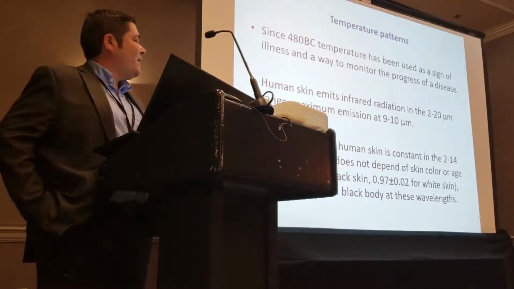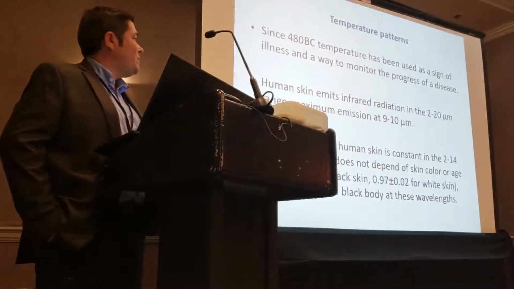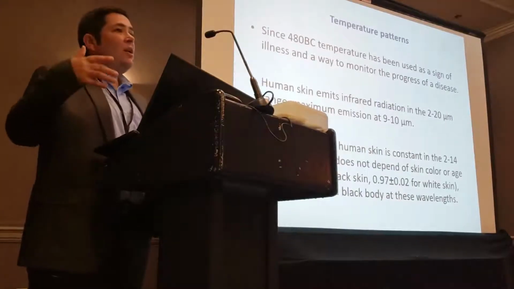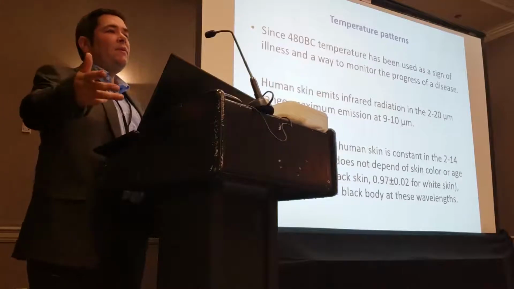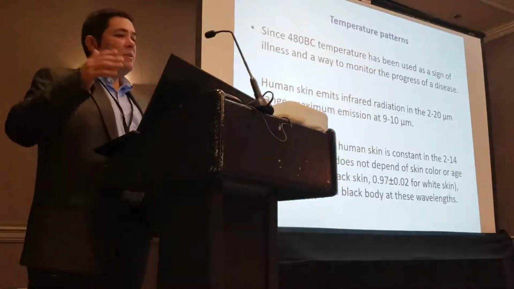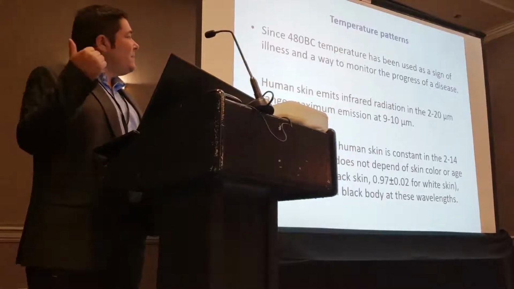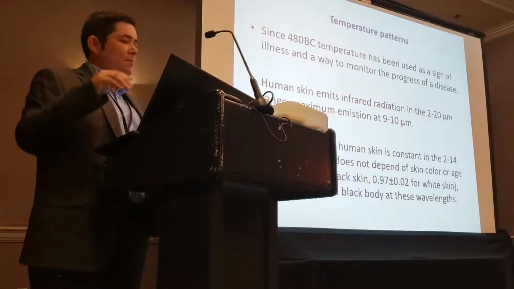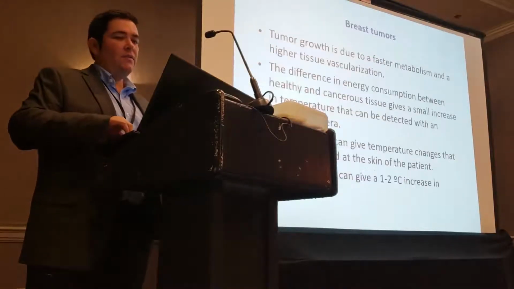It has an emissivity close to 1, which is basically a black body, and it doesn't depend on the color of the skin. If it's a kid or an older person, the emissivity doesn't change. So infrared imaging is a very good way to measure temperature patterns on the surface of the skin.